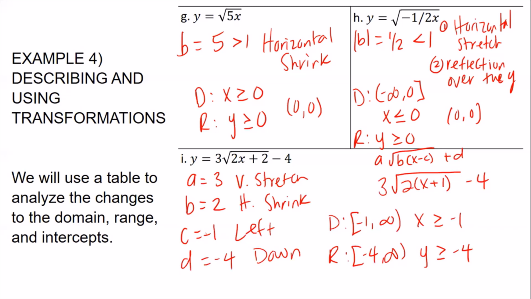And you can graph to verify. Because your C and D were changed, when your C and your D are altered, it changes your domain and range automatically. Good question.